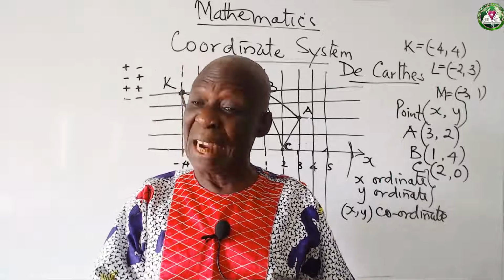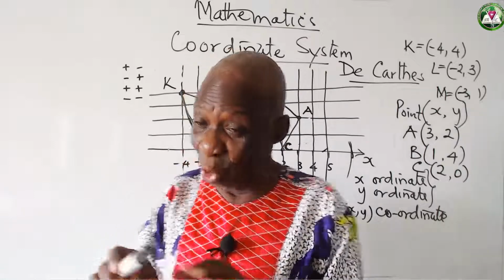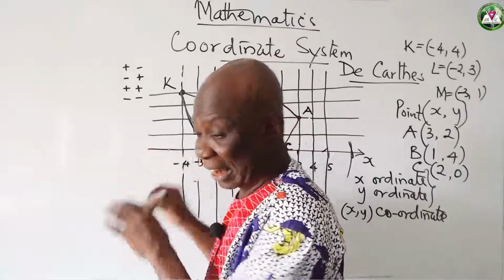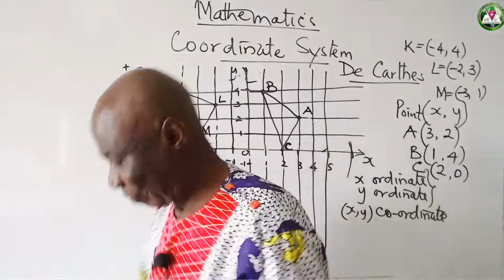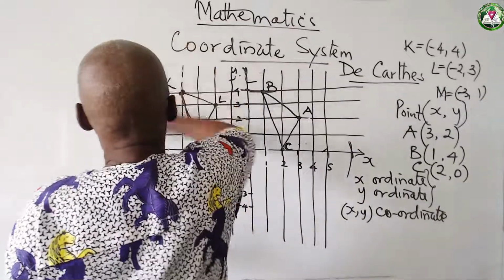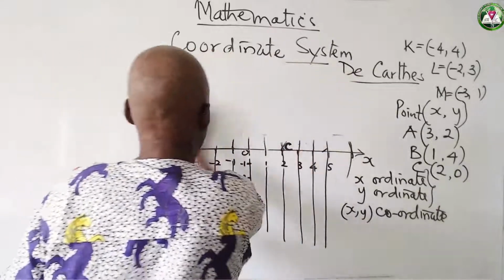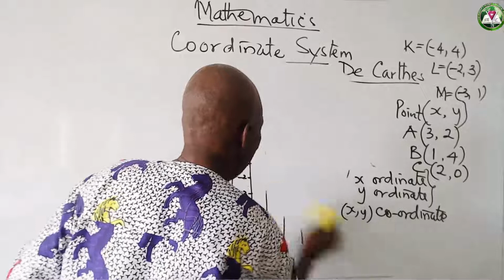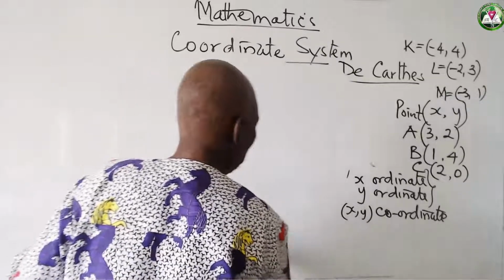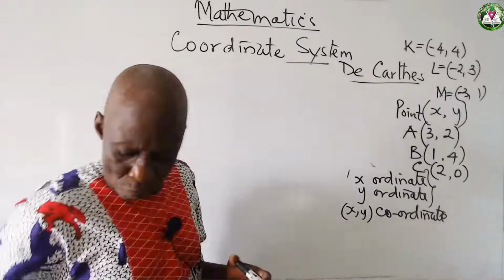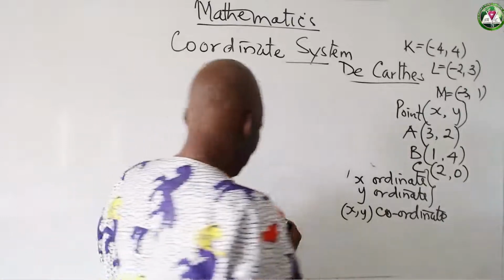I will give you some assignments to reproduce this type of thing that we have done. So ready for the assignment? So let's clean up this and write the assignment. The assignment goes like this.